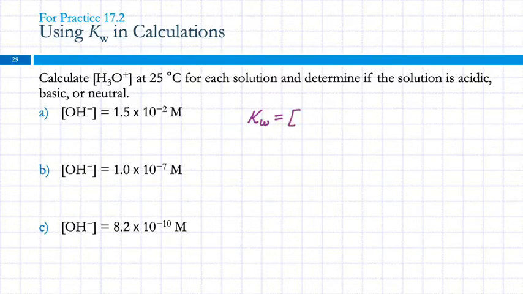Kw is H3O+ times OH-. And at 25 degrees Celsius, that is equal to 1.0 times 10 to the minus 14.